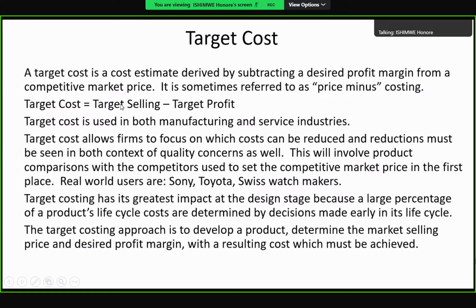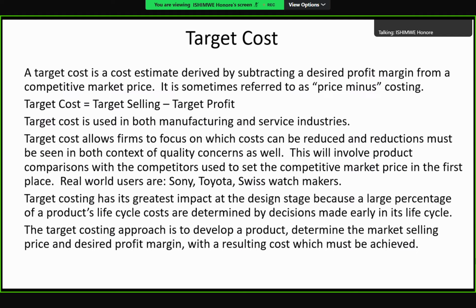Okay, so target cost is used in manufacturing industries, and you can also use it in service industries. Target cost allows the firms to focus on which cost can be reduced and where we need reductions. So reductions must be seen in terms of quality concern as well. This will involve product comparison with the competitors used to set the competitive market price in the first place. The real world users of target costing include Sony, Toyota, Swiss watchmakers, and others.